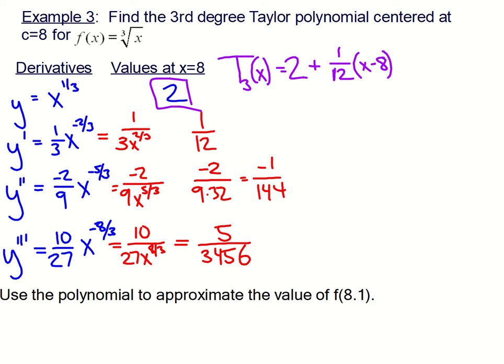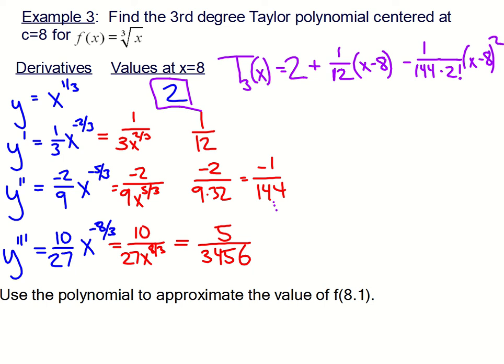1st power. For the next term, I'm going to have minus, because I see this negative 1/144th here, so that's going to be minus 1 over 144, but also a 2 factorial on the bottom, and then x minus 8 quantity squared.